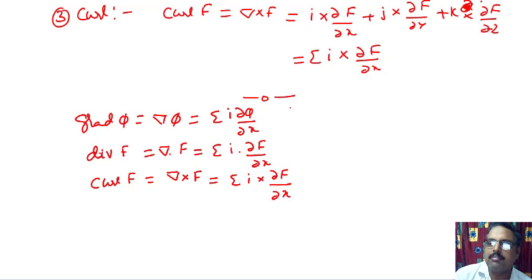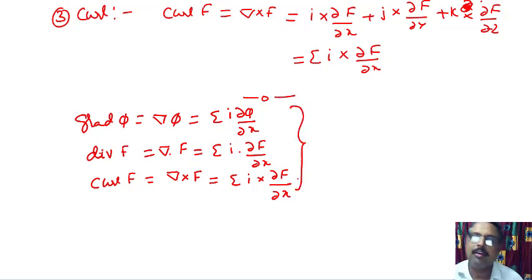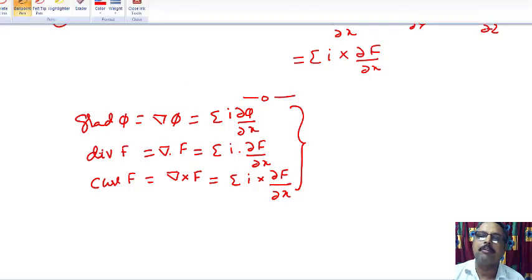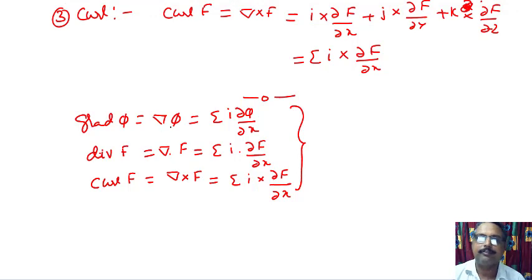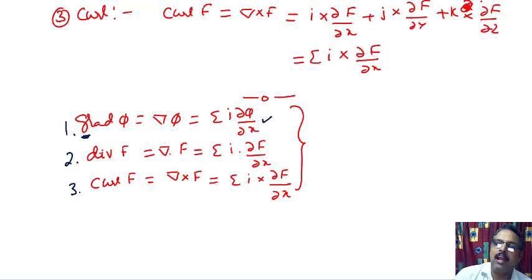If you observe these three, a small observation. Here the first one is gradient, the second one is divergence, the third one is curl. What is the observation? The first letter is G, the general product between i and dou phi by dou x.